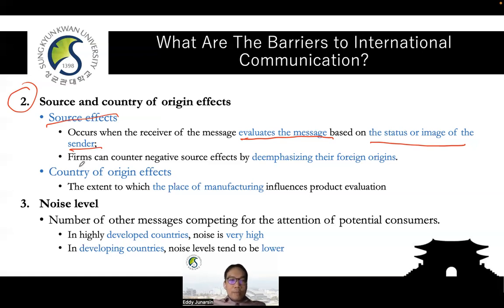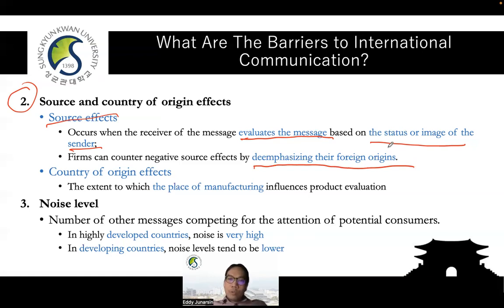And also emphasizing their foreign origins in certain countries, because in certain countries they prioritize domestic products, the feeling of consuming their own products.